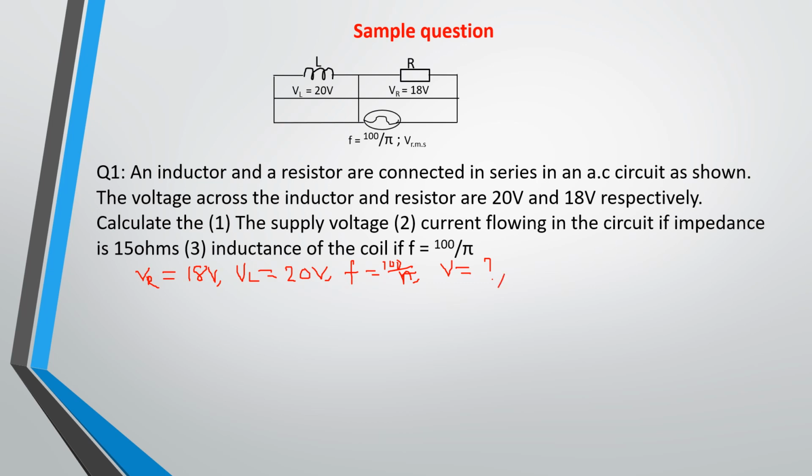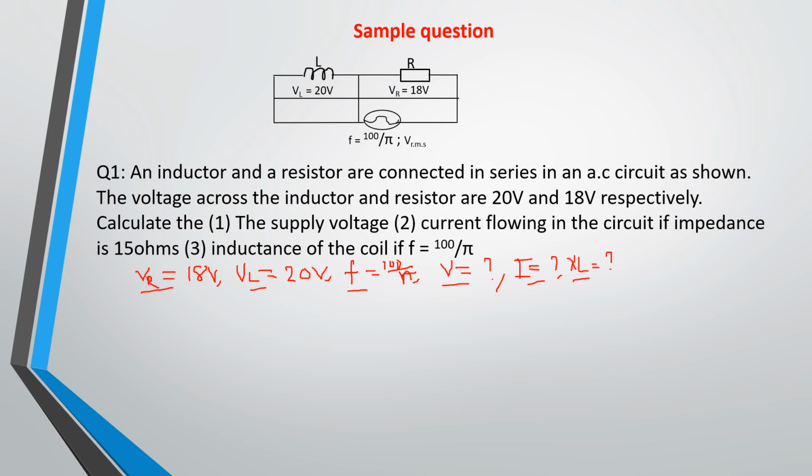Then after you find the current flowing in the system, you also have to find the inductance of the coil, which is L, that is XL. So these are the variables you are asked to look for, and this is what you have been given for this particular question.